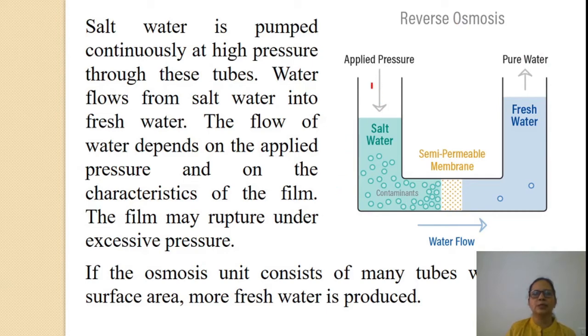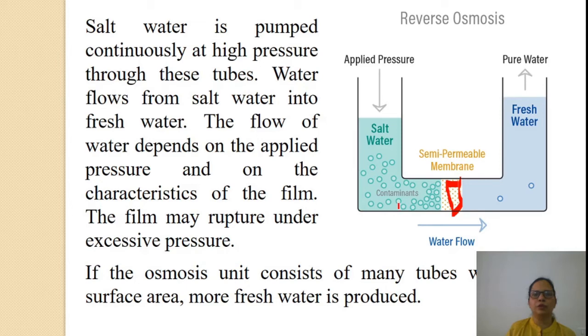Salt water is pumped continuously at high pressure through these tubes. You can see this part of the figure where salt water is present. Water flows from salt water into the fresh water through a semi-permeable membrane. You can see here the semi-permeable membrane.